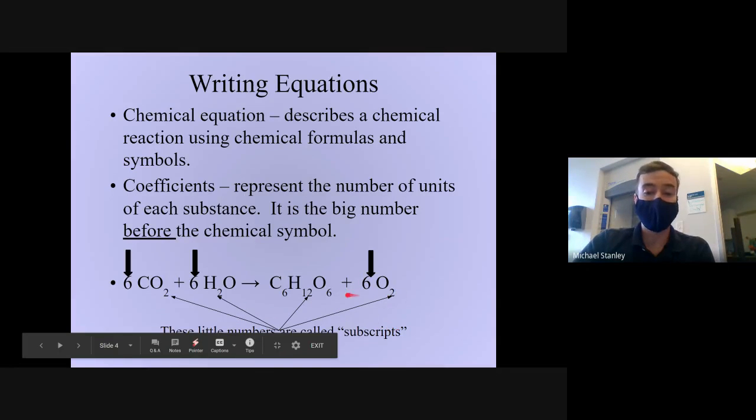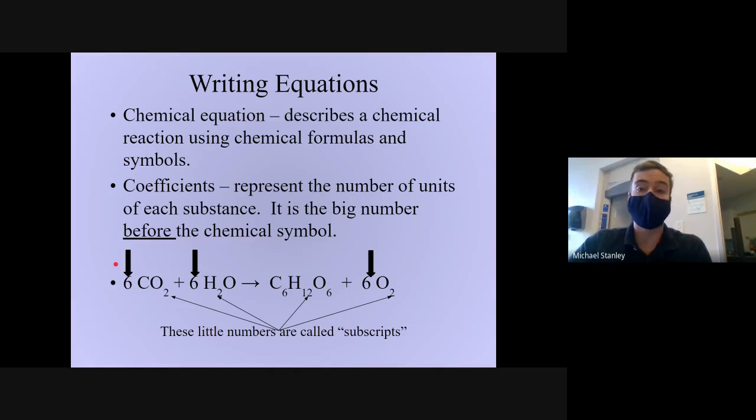Subscripts are the little numbers down at the bottom. Coefficients, we can change, we can edit them to be different if we need to. Subscripts, we cannot. They are permanent, set in stone. We can't change them in any way whatsoever, only these big coefficient numbers out here.